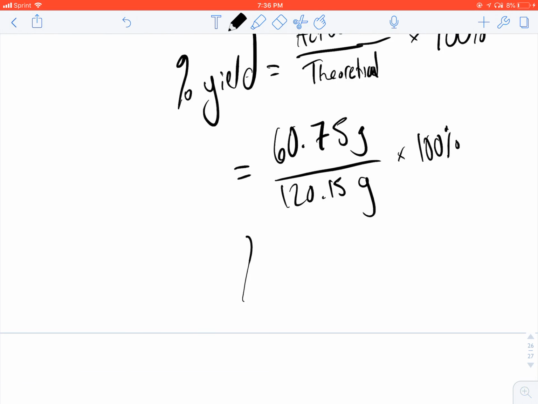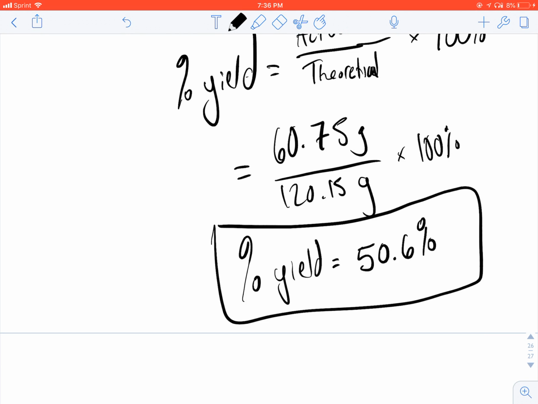In doing this, 60.75 divided by 120.15, times 100, gives us 50.6%. So the percent yield of this experiment is 50.6%.